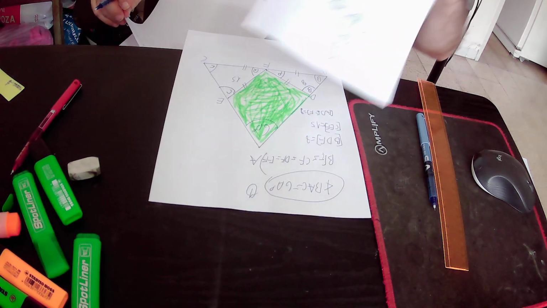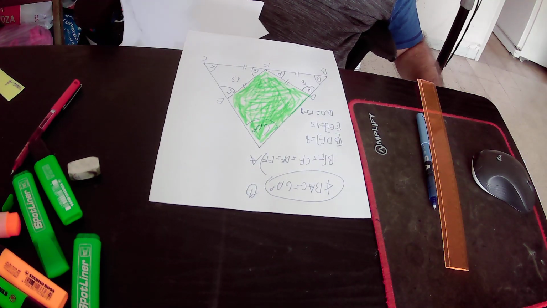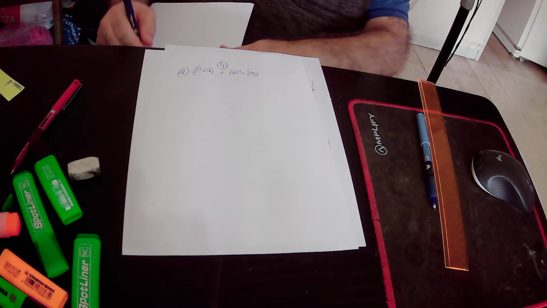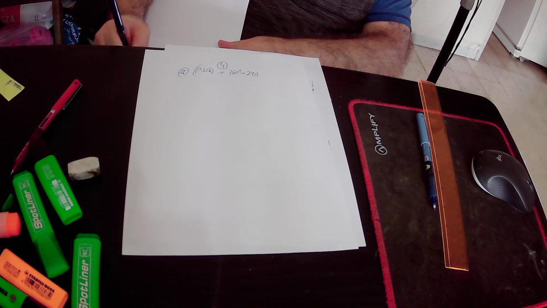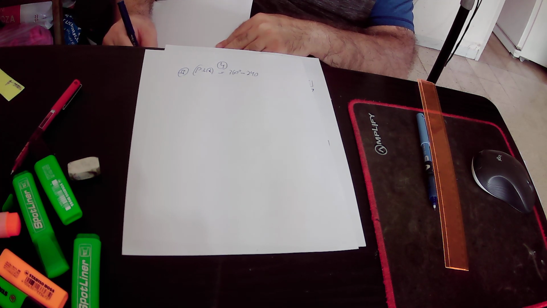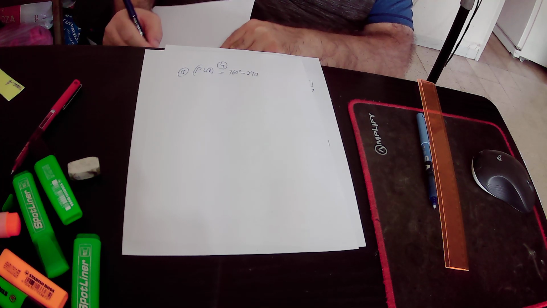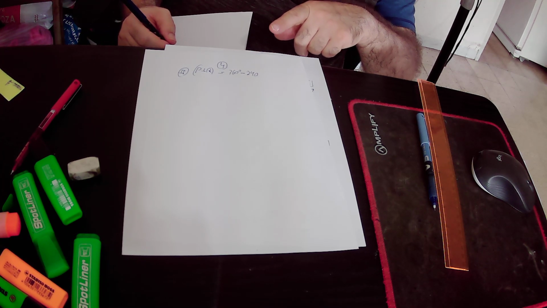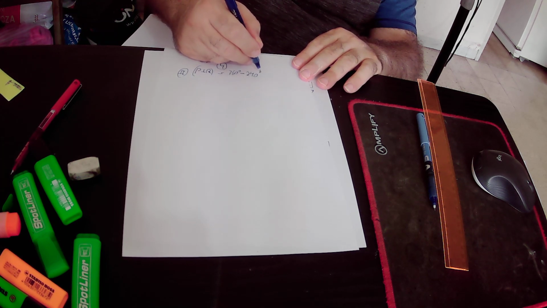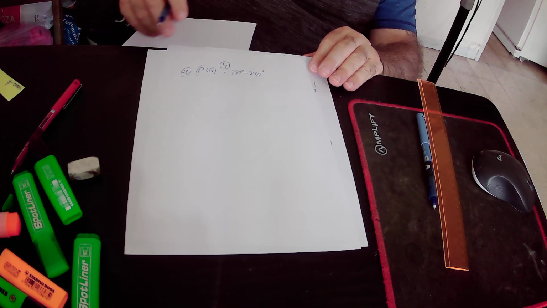So we got that P plus Q equals 360 degrees minus 240 degrees, that is actually 120 degrees.